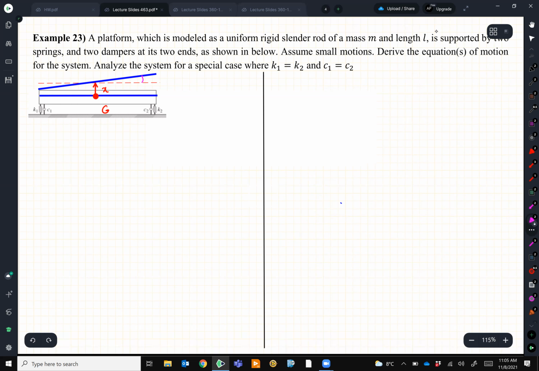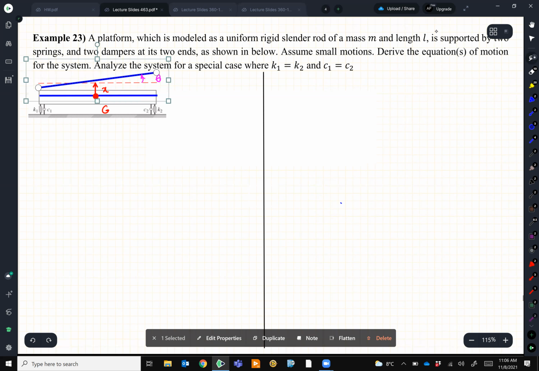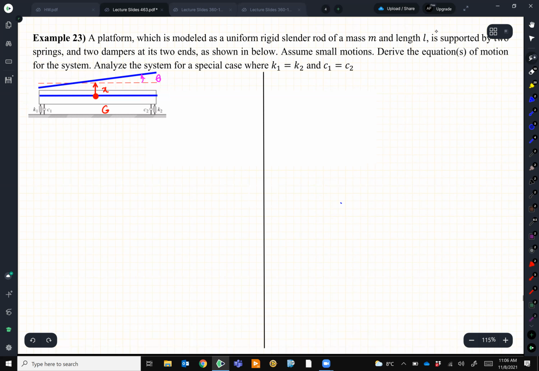So I call this angle theta. As you can see, this is my decision. I decide to rotate it like that. Okay, you could rotate it in the opposite direction. There is no limitation for that. So the center point moves up by X and rotates by theta.